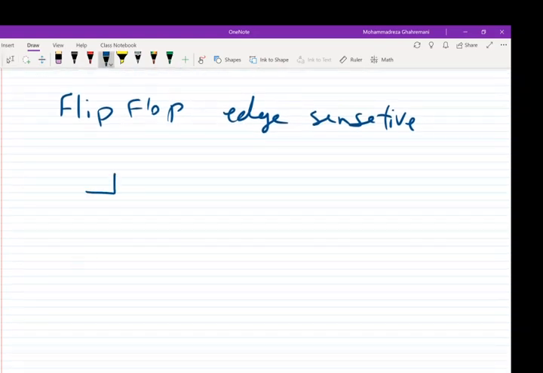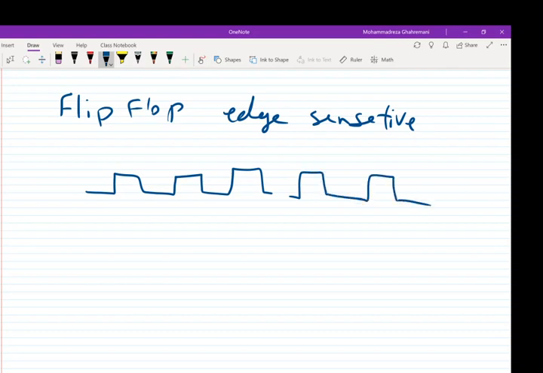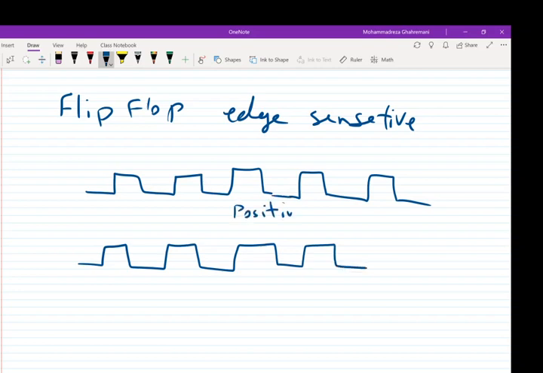So we have a positive edge triggered flip-flop and a negative edge triggered flip-flop. For positive edge triggered, the flip-flop changes its state at positive transitions, once per clock cycle.